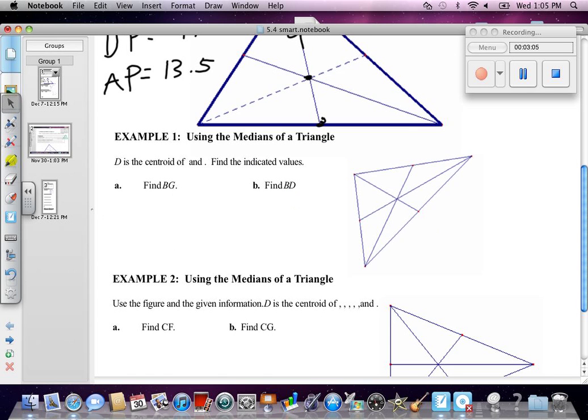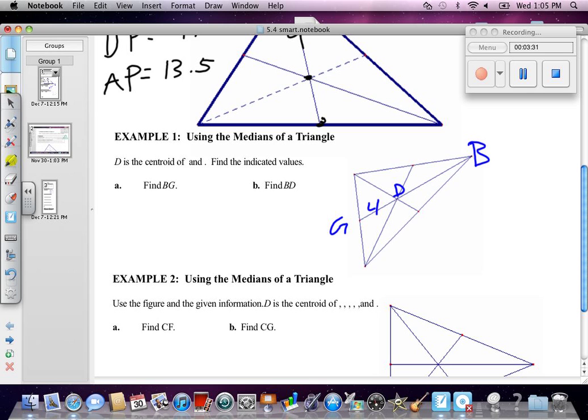So, here's D, here's G. D to G is 4. What is B to G? Okay, is D to G 1/3 or 2/3, or the whole thing? 1/3. It is 1/3 of G to B.